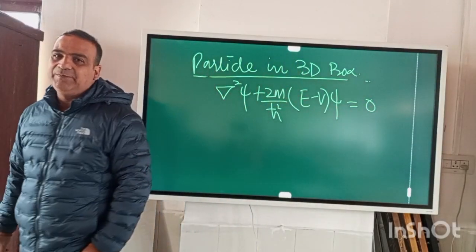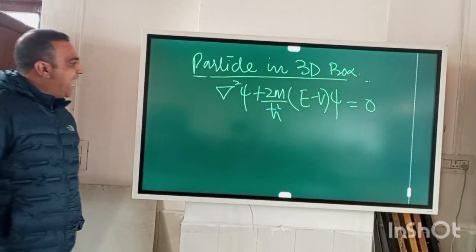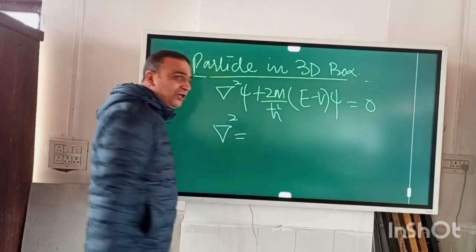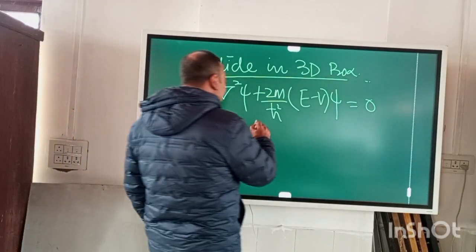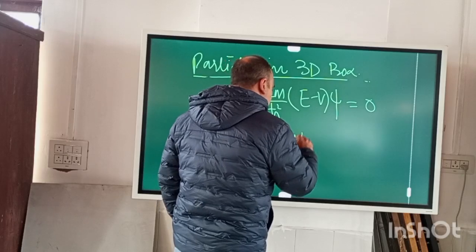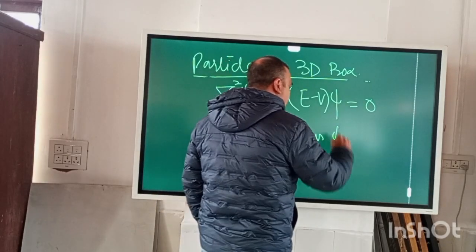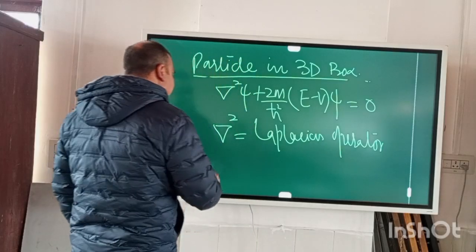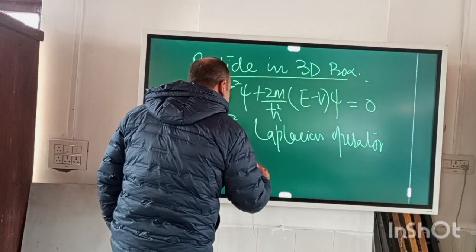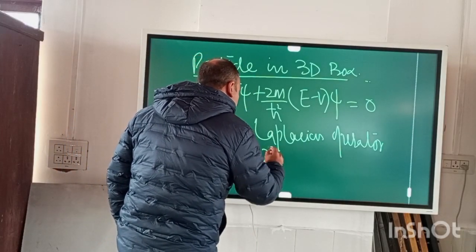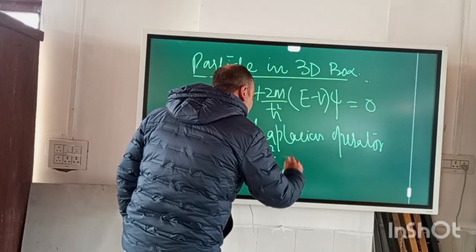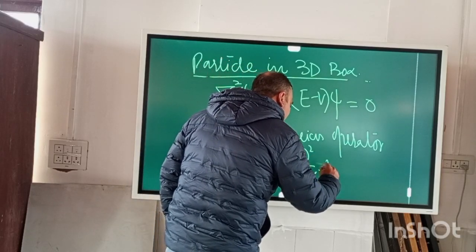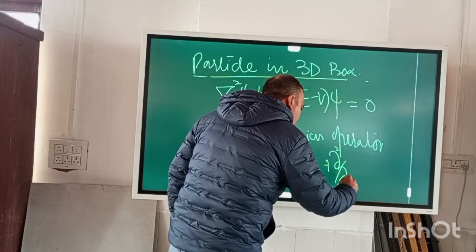This is our time-independent Schrödinger equation. And this del square is what? It's a Laplacian operator. In Cartesian coordinates, this del square is dou 2 by dou x2 plus dou 2 by dou y2 plus dou 2 by dou z2.